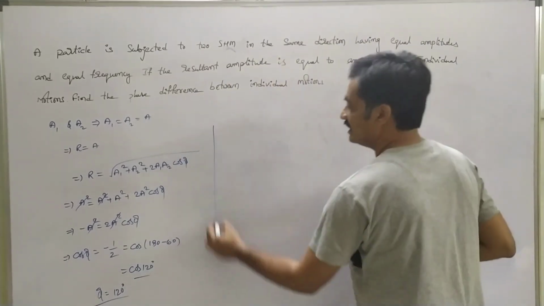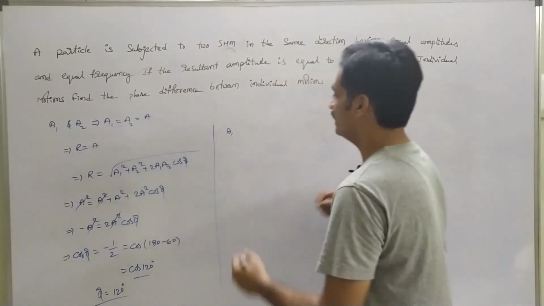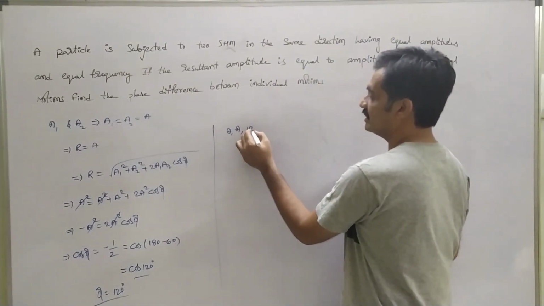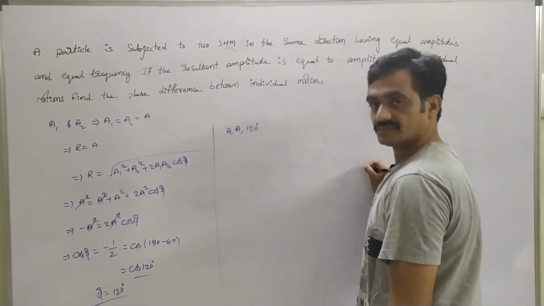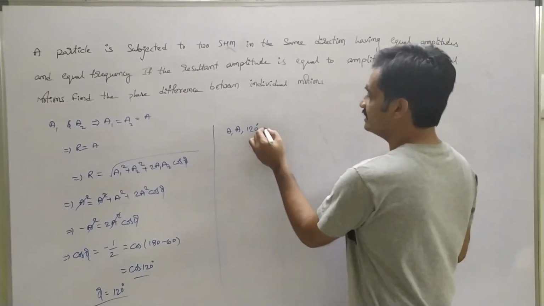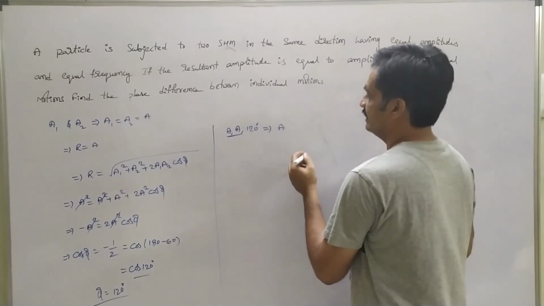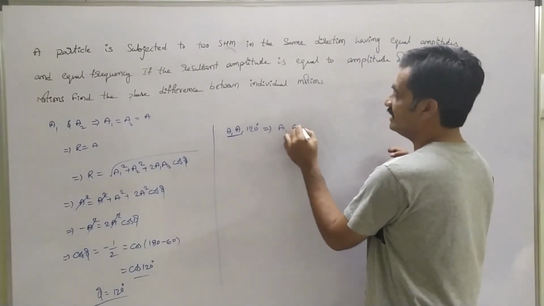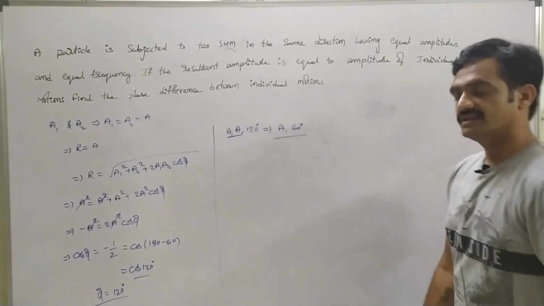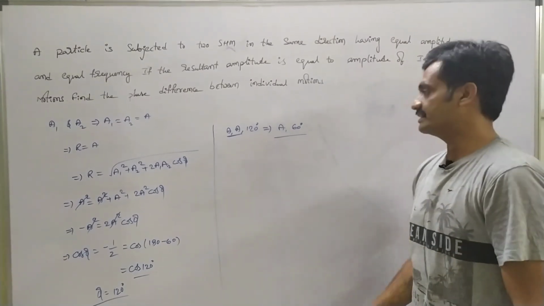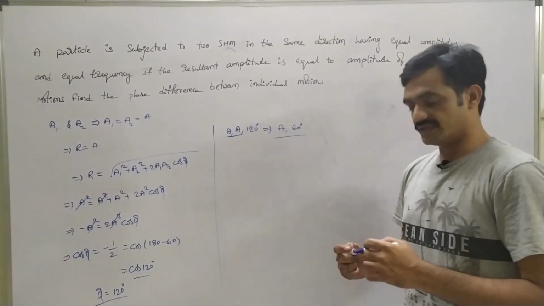Observe that the initial amplitude is A, 120 degrees, and the resultant will be A, with angle 60 degrees. Take a screenshot, we will continue.